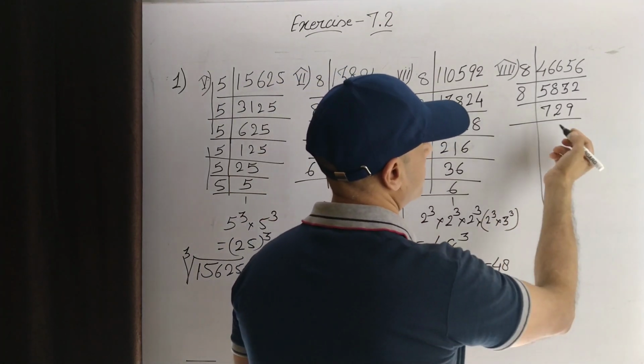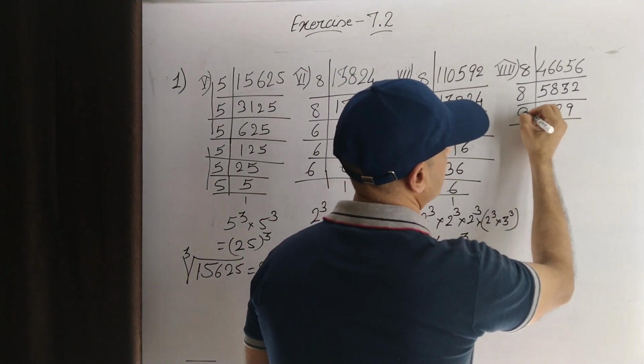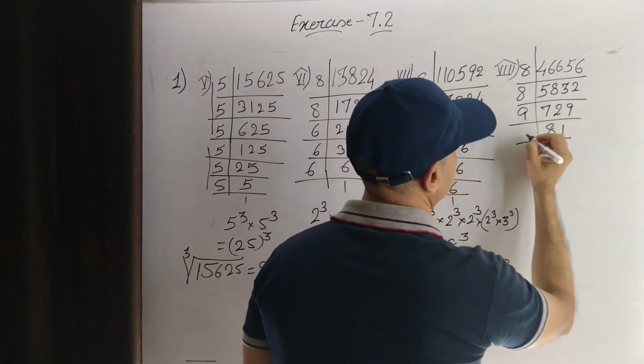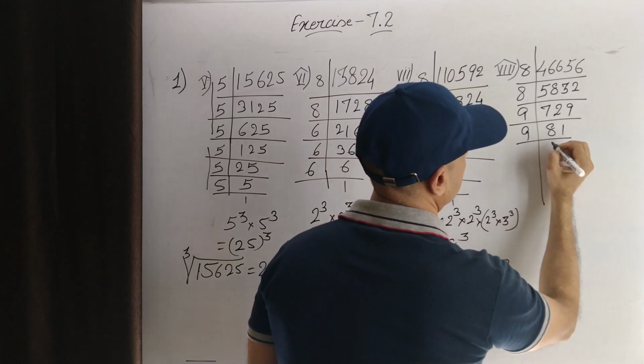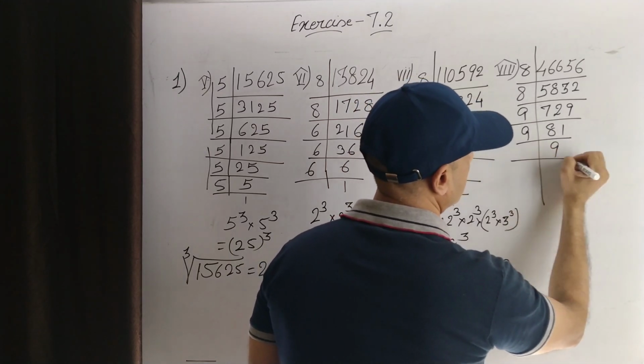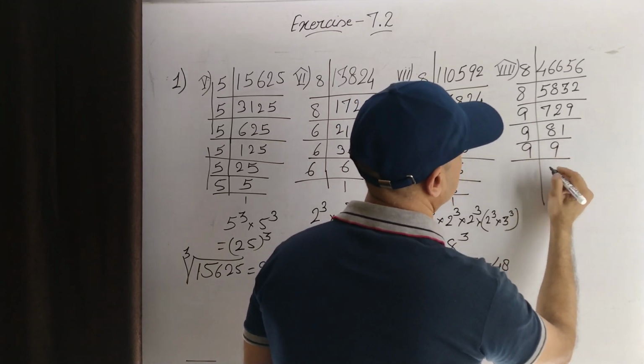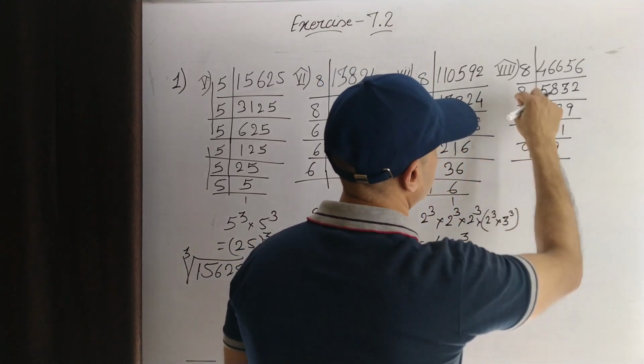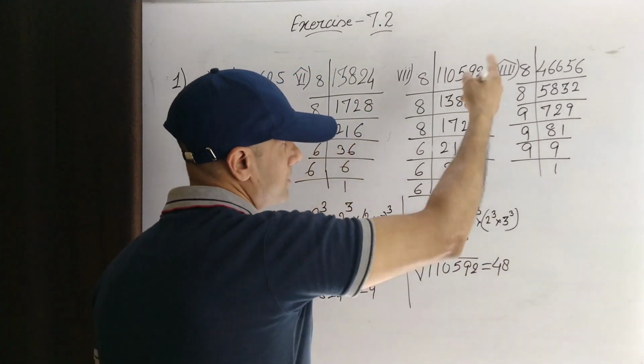But we can go slow, or we'll take 9 here. So we'll give 1. Again 9. We have 9. Again 9. We'll have here 1. So again, not prime factors.